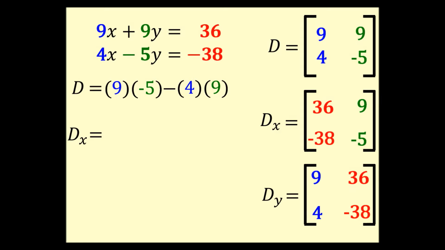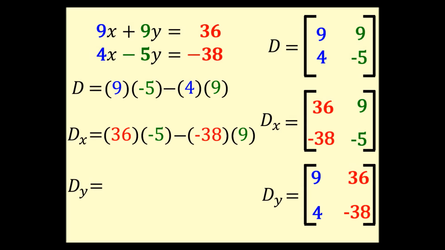To calculate the determinant of D sub x, we multiply 36 and negative 5, negative 38 and 9, and we subtract. And to calculate the determinant of D sub y, we multiply 9 and negative 38, and 4 and 36, and we subtract.